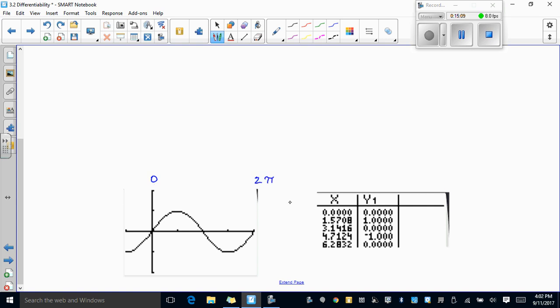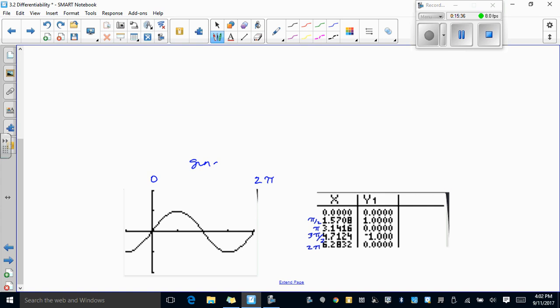At 0, it's 0. At 1.5708, guess what? That's pi over 2. You get 1. 3.1416, guess what? That's pi. You get 0. I'm going to let you know that 4.7 blah, blah, blah is 3 pi over 2. And then this is 2 pi. Now, if you know your trig, you're going to go, oh, hey, this is the sine wave.